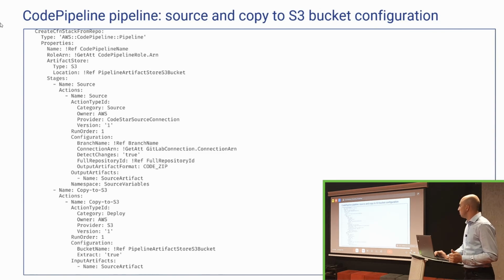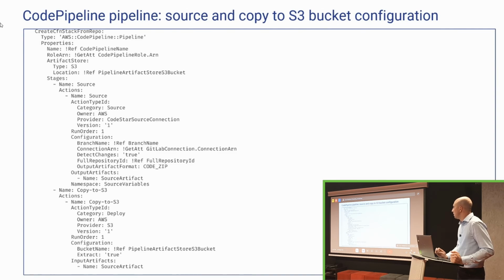In this case, I need to define my repository, branch name, and also the provider. In this case, CodeStarSourceConnection, which is not so logical because it was renamed to CodeConnections, but it's the correct name of the provider.